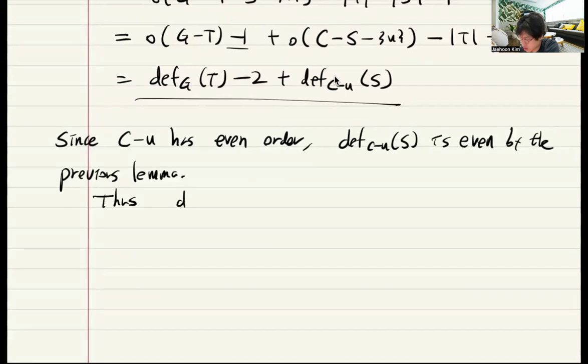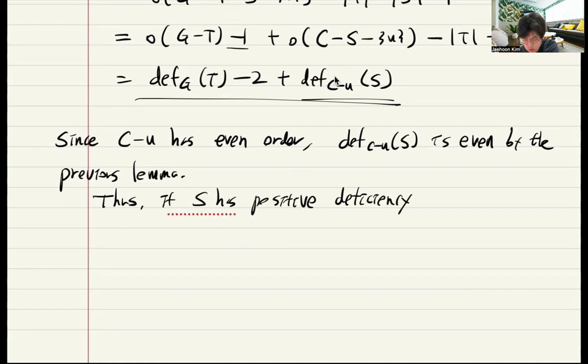Thus this is even. So if S has a positive deficiency, then it has to be at least 2.